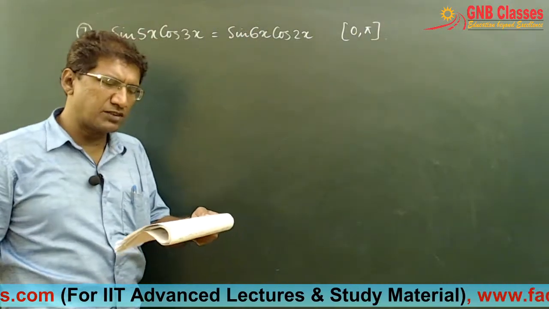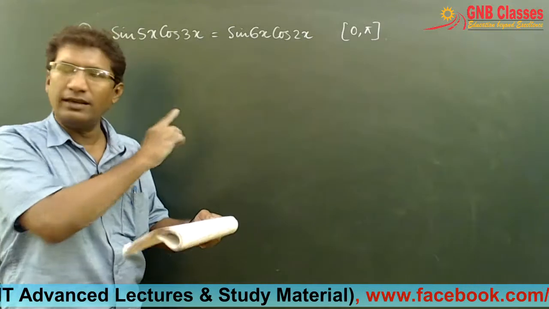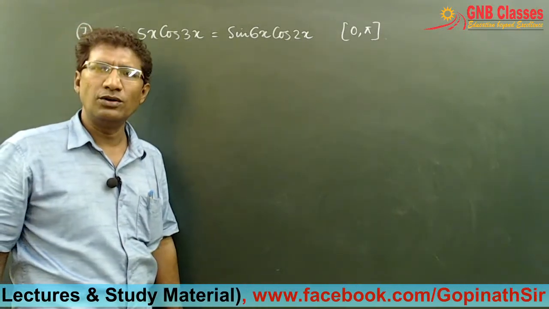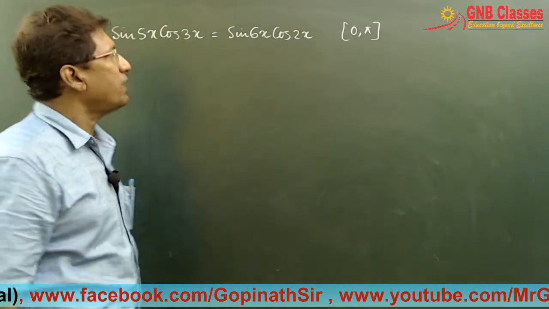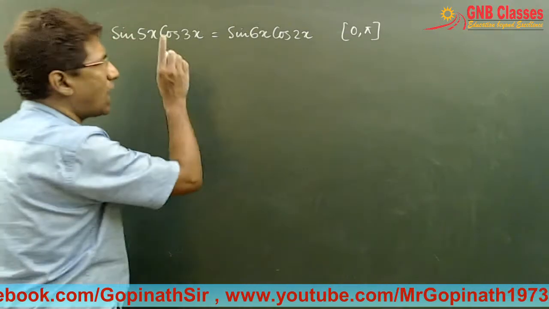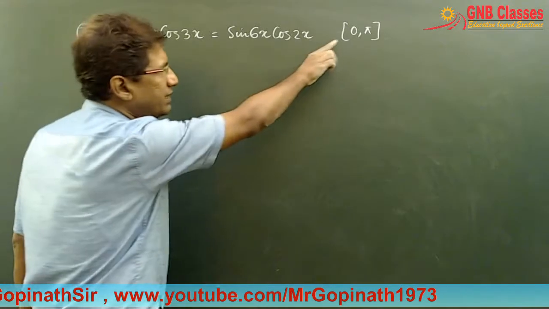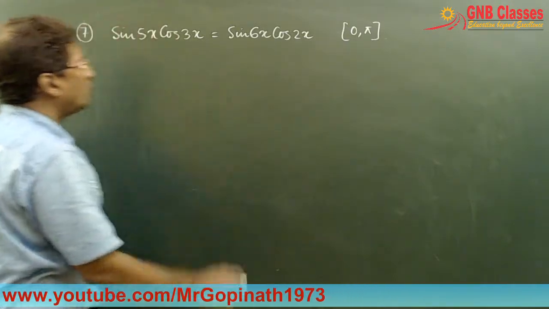So find out the number of solutions of this equation in the interval 0 to pi. So all we have to do is find out how many solutions are there within this range 0 to pi.